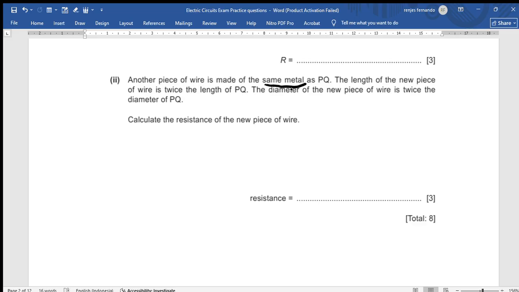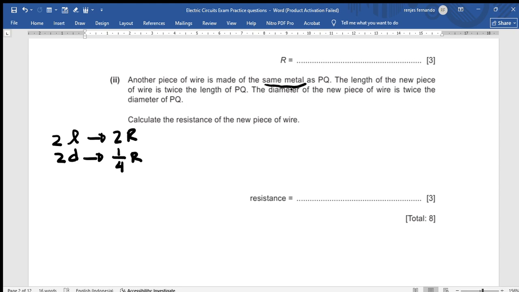The length of the new piece of wire is twice, so twice the length will be twice the resistance. And the diameter being twice means it will be 1 over 4 the resistance.